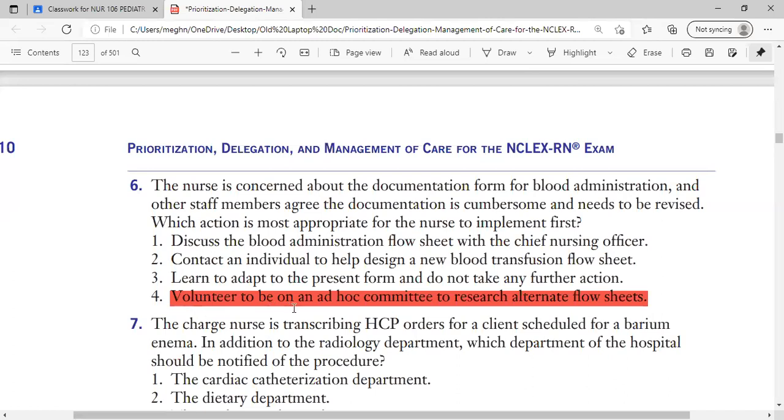So volunteer to be on the ad hoc committee to research alternate flow charts.